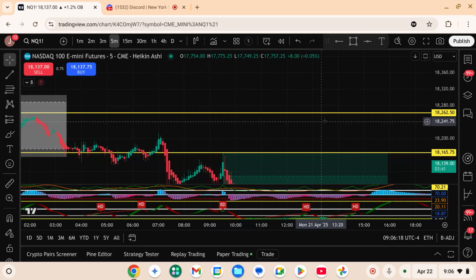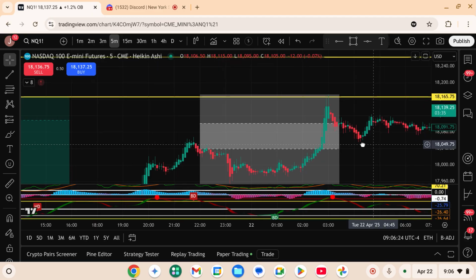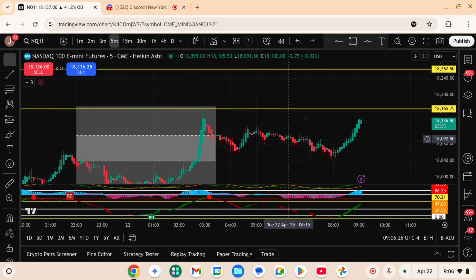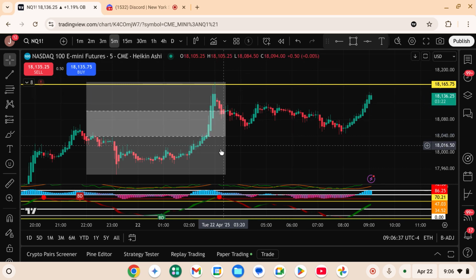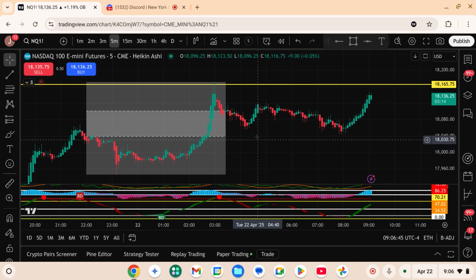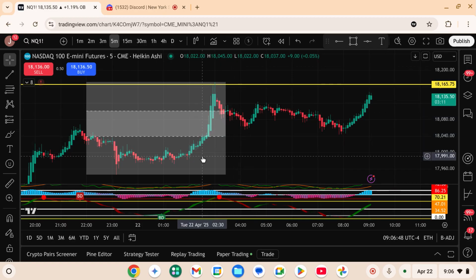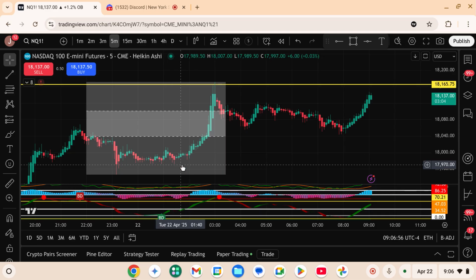All right, let's go to the current price. Trying to figure out if I want to use any of these London high or low for targets.